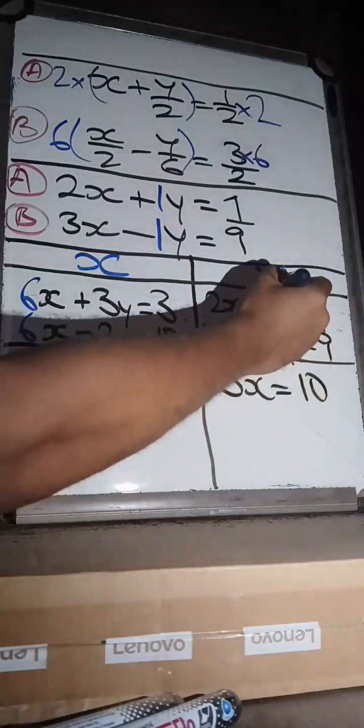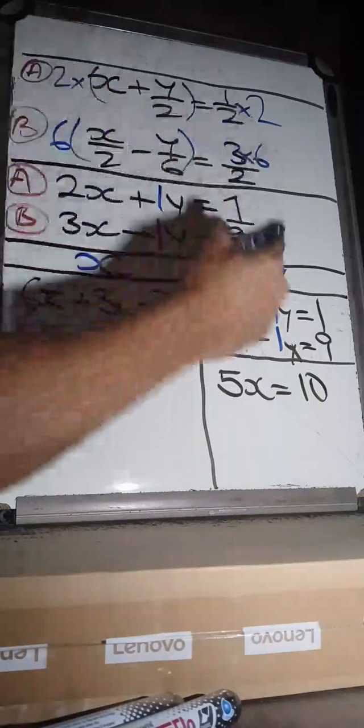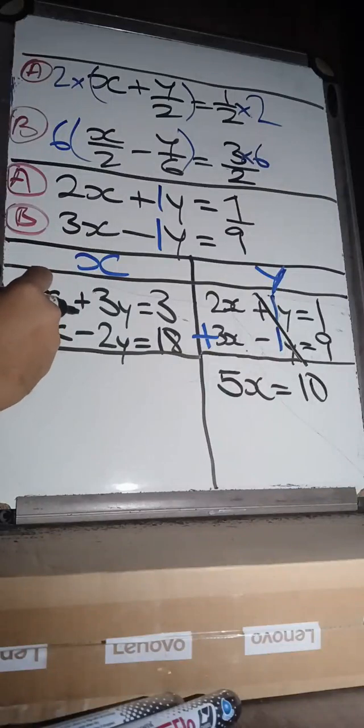So a plus 1y and a minus 1y, get rid of them. And 6x here, 6x here, we're going to subtract all of that. So 6x minus 6x. There we go. Alright?